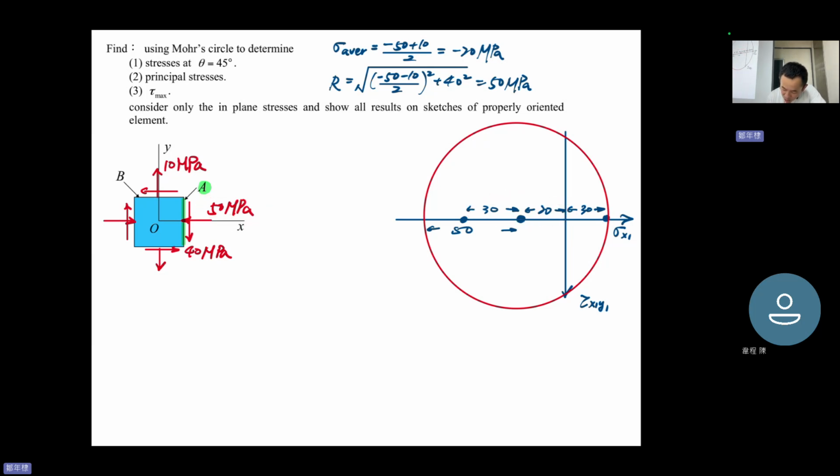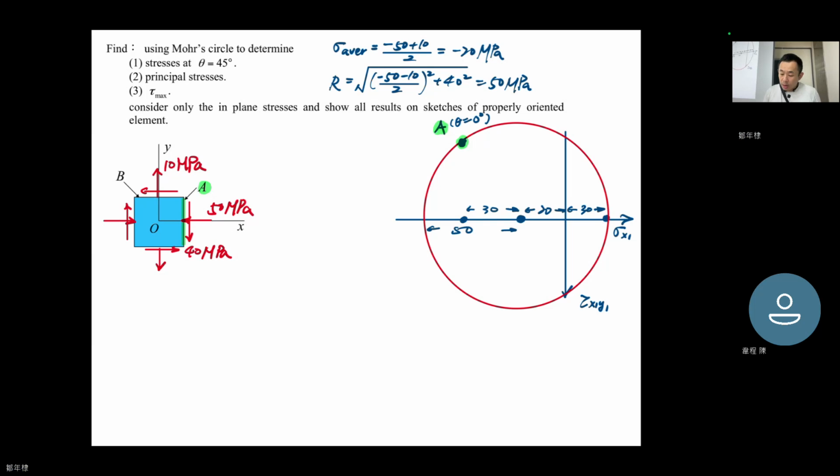Compression, of course, it's minus sign. And then this is minus 40, so above the x axis. So we can have this point A, which is theta equal to 0 degree. So we set this point for plane A.